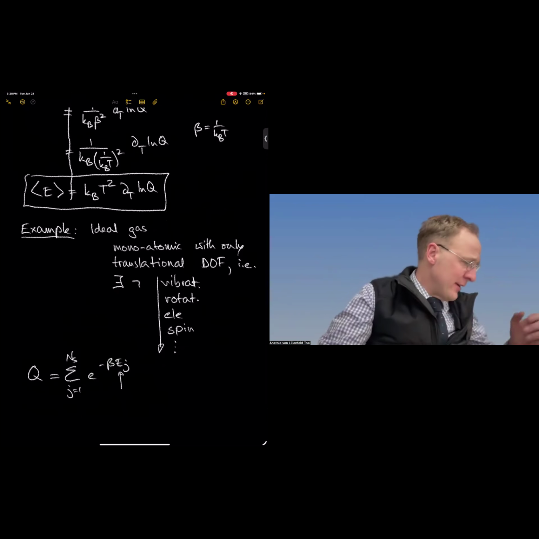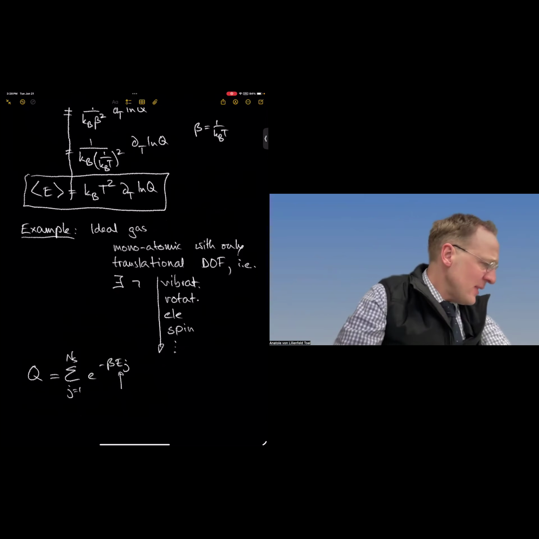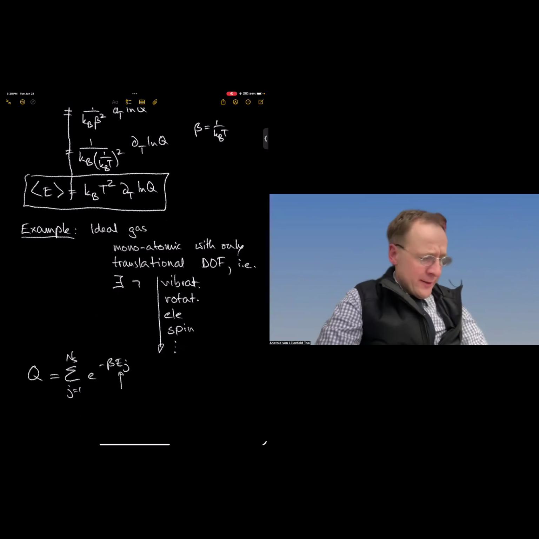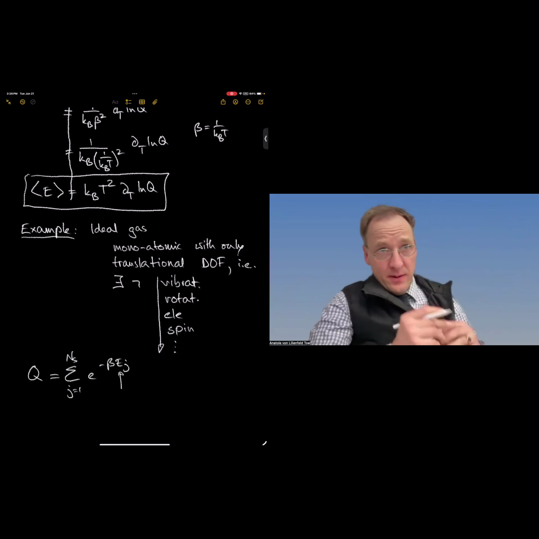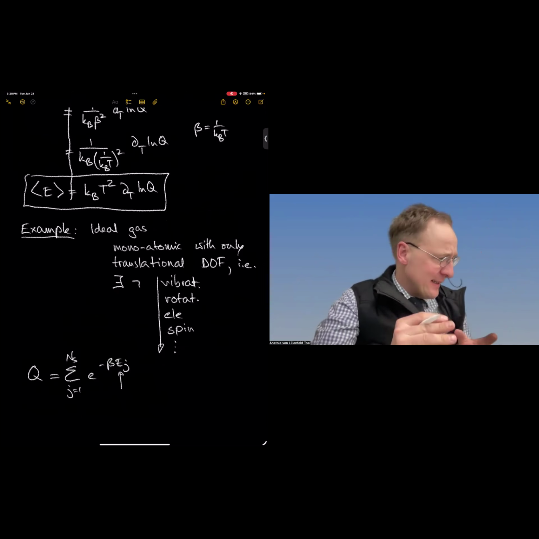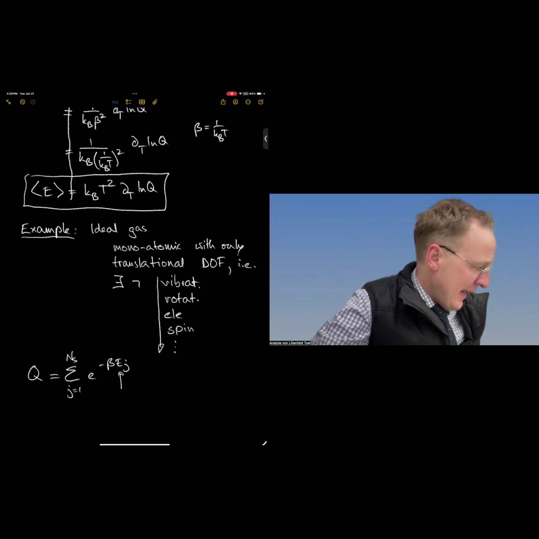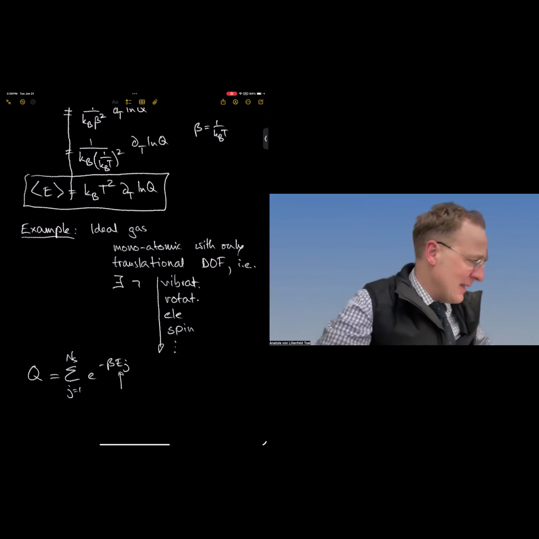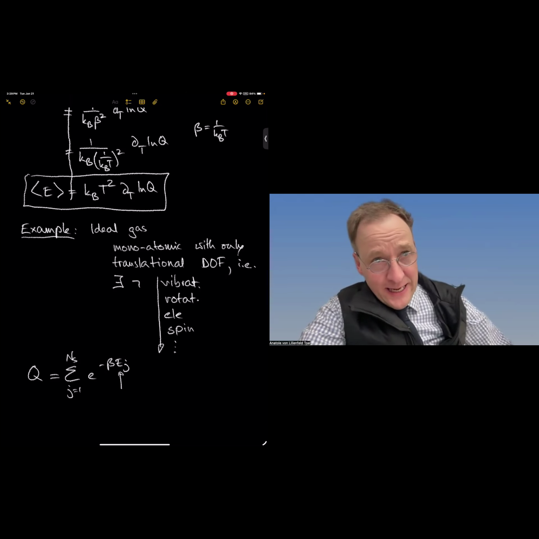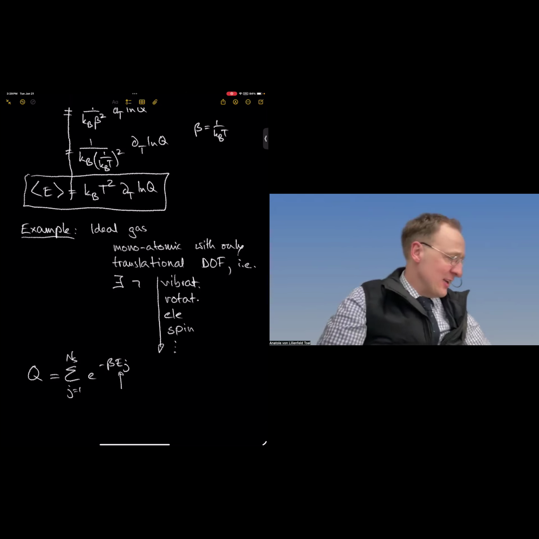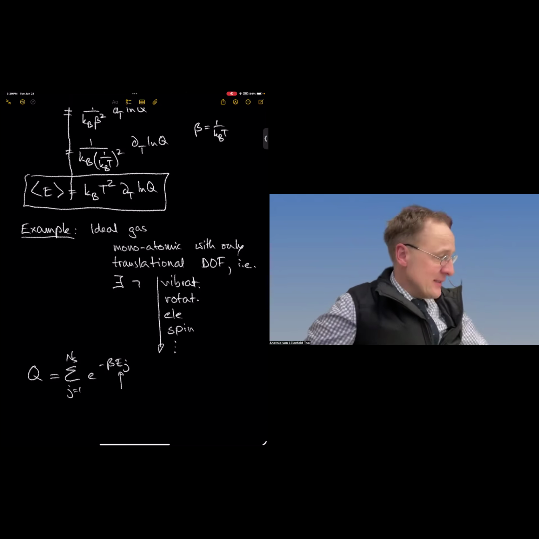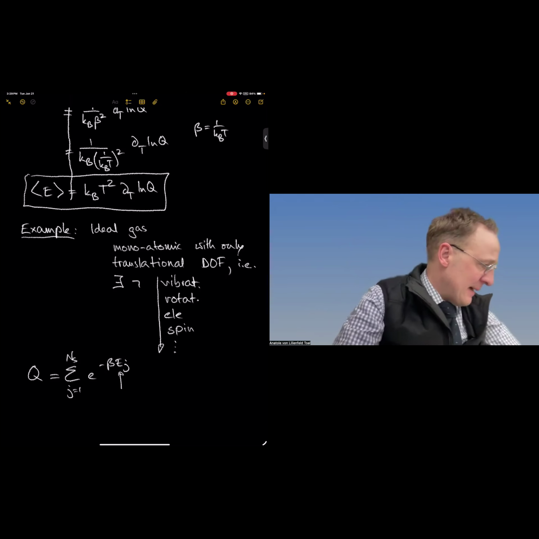But we only want the translational, and we also only want the partition function for identical, indistinguishable atoms. So same chemical element, if you wish. The closest we can get to that is a rare gas atom, maybe helium, a whole bunch of heliums.